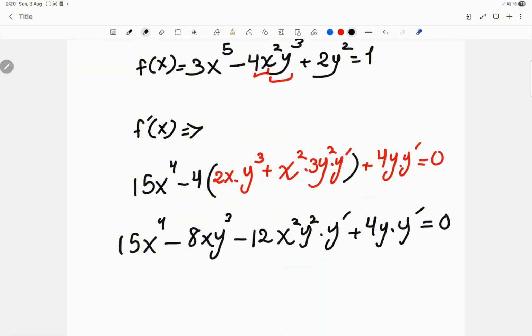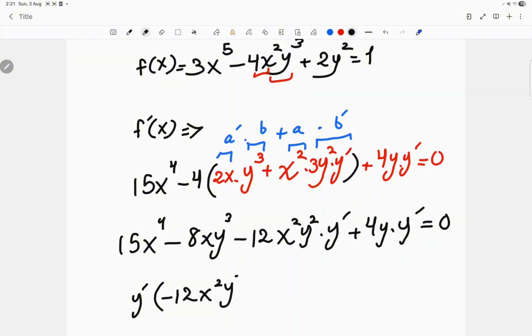Make all the y primes. And now it's time to factor out the y prime. Plus 4y minus 15. 4 plus 8x y cubed.